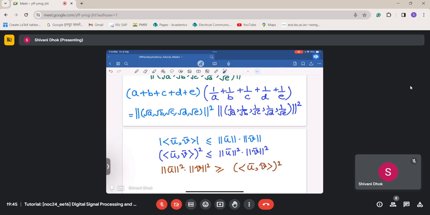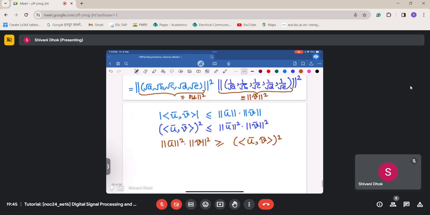Now let us compare this particular thing, this thing here, and this thing here. What we observe is this particular thing is equivalent to norm of u square. Similarly, this thing here is equivalent to norm of v square. So these two are equivalent things.